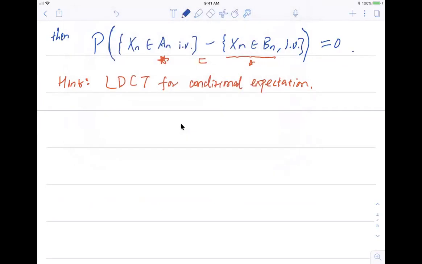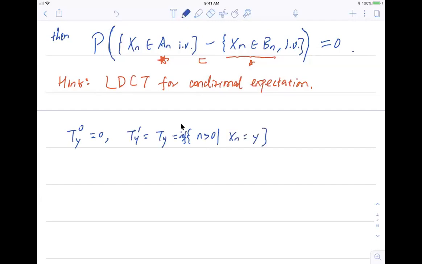Okay, so let's recall, we use all the notations before, and T_y^0 equals 0, T_y^1 equals T_y, which is defined as the infimum of n bigger than 0 such that X_n equals y.